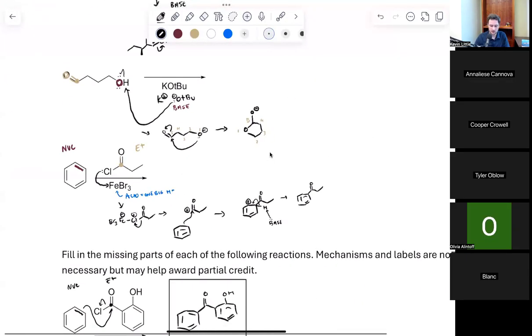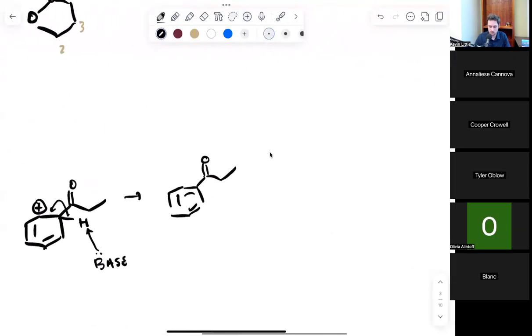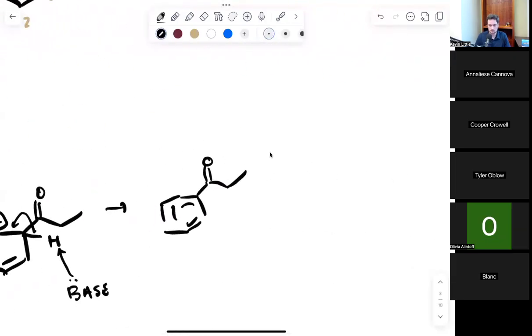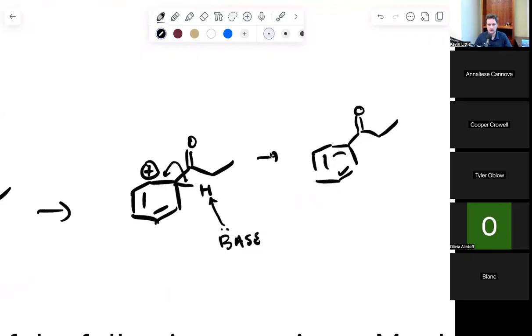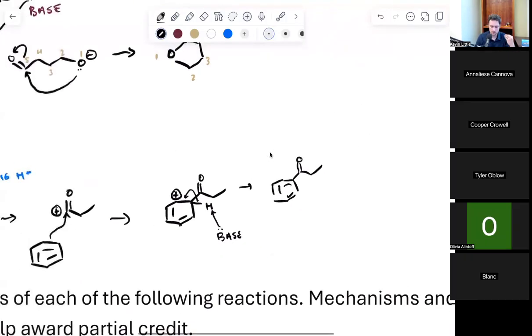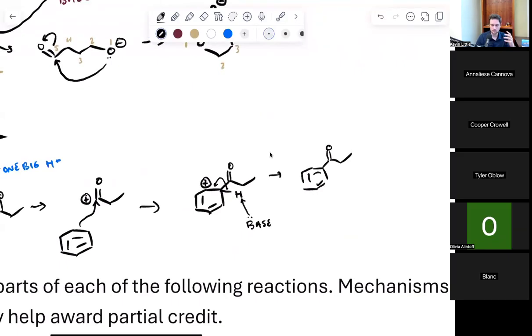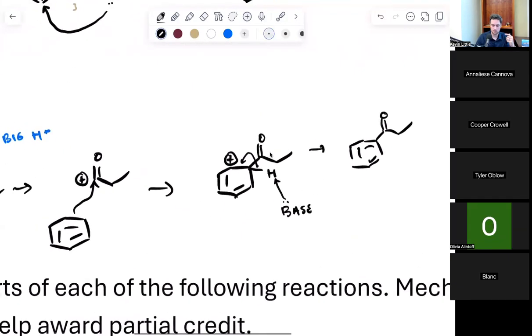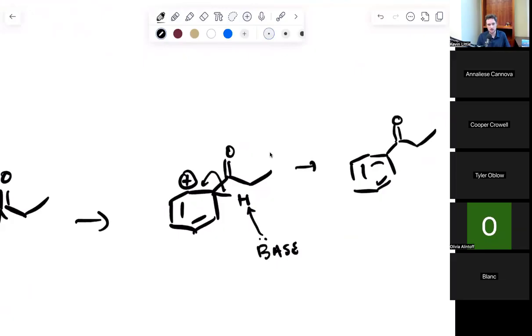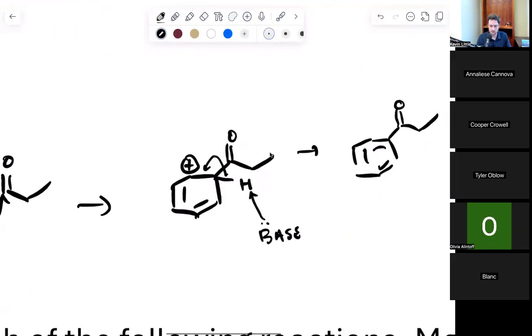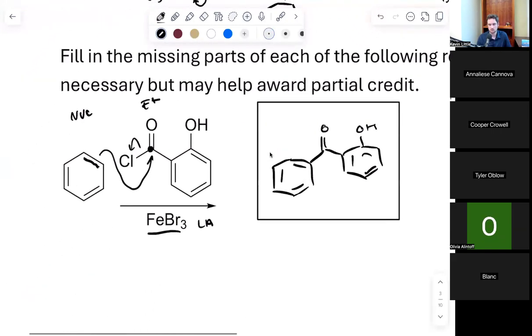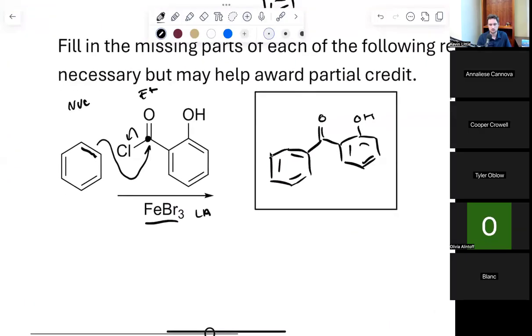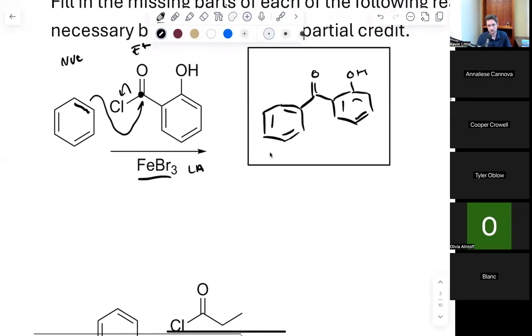If I gave this question and asked for the product, that will be the product. But when you're talking about the mechanism, about every step, about looking at the reaction as a whole, this is an intermediate. It's not a long-lived intermediate, but it does happen. But you will always eventually regenerate the benzene ring. That will be the final product because it's just a stable place to be.